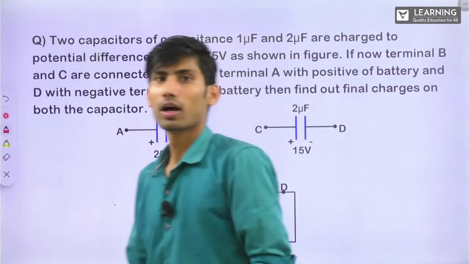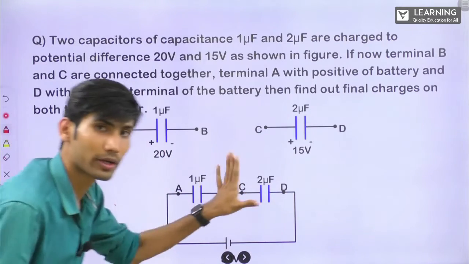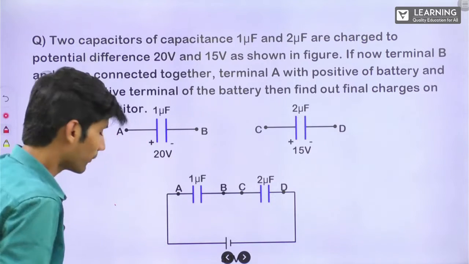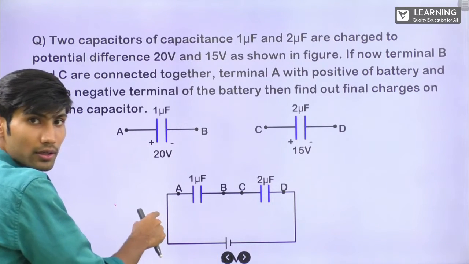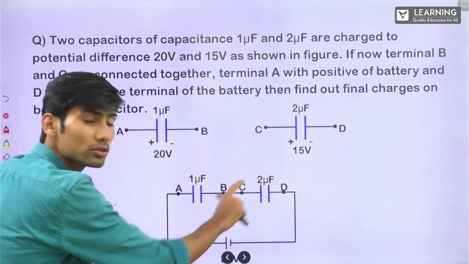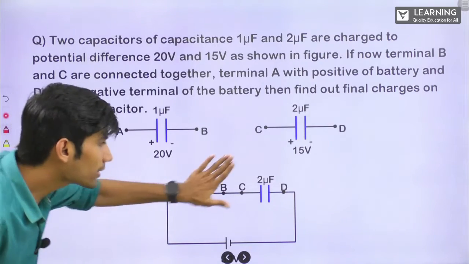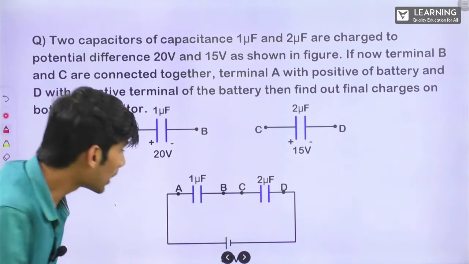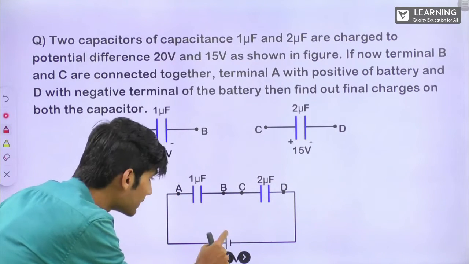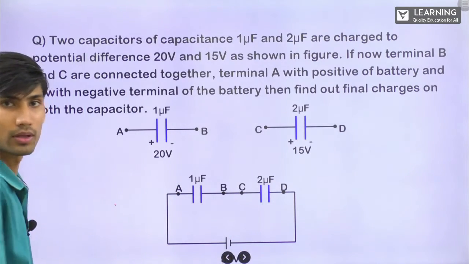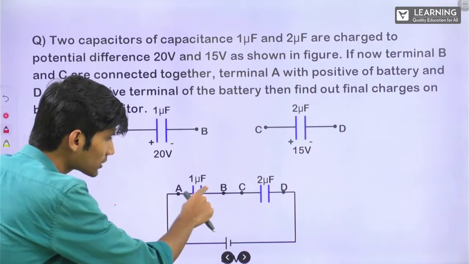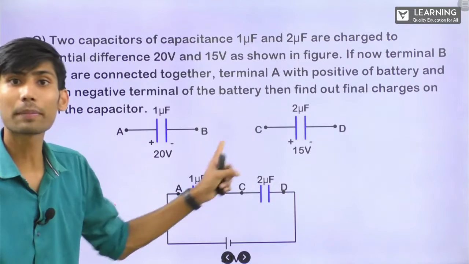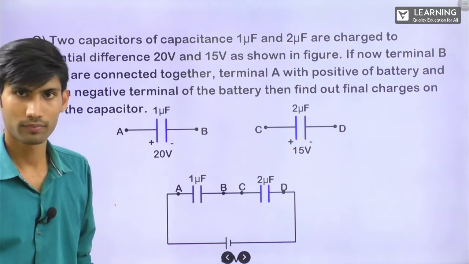Understand, when this battery is connected, some charge will flow from this battery. Whatever charge comes out of the battery, the same charge will go to this capacitor plate also, this capacitor also. Earlier they were having some charge, but we are not talking about that charge. That means the charge gained on both the capacitors will be same.